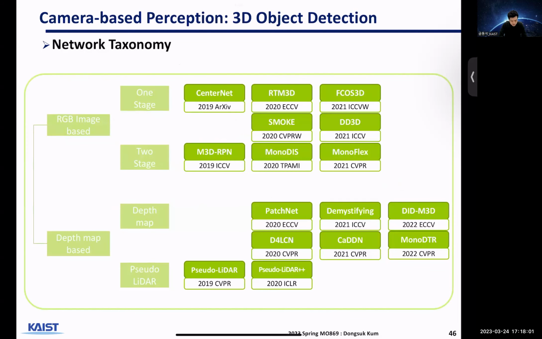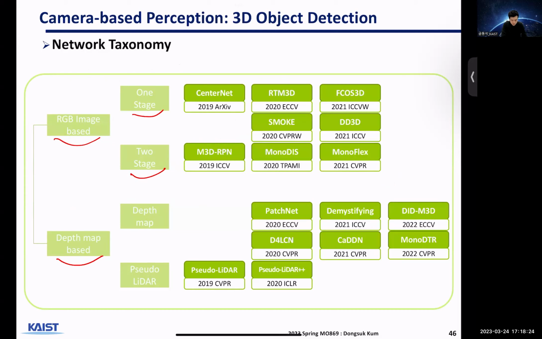Okay, and this is the network taxonomy. We introduced two approaches, RGB and depth map approach. RGB approaches can again be divided into two types, one-stage versus two-stage.